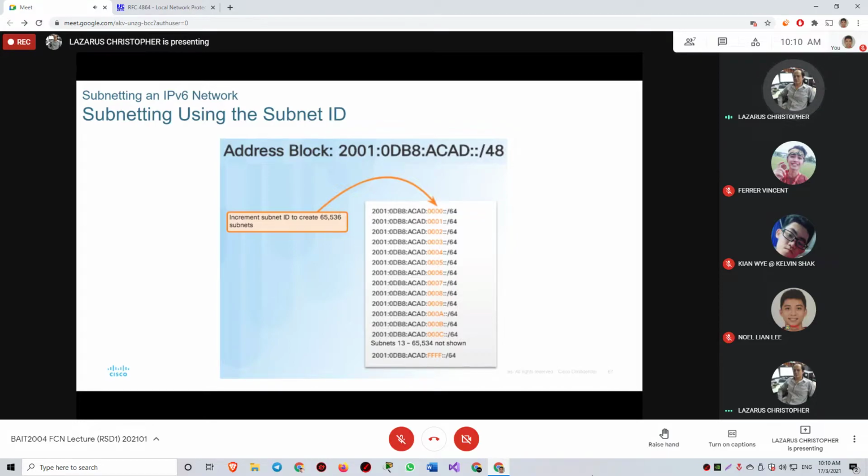Sometimes you cannot create that many networks, especially with the range we have. So that's why we do the VLSM. But the main purpose in IP version 4 to create subnets is to provide more addresses.